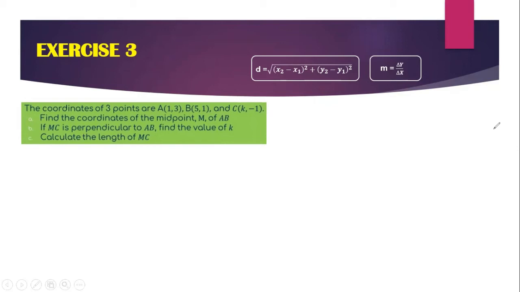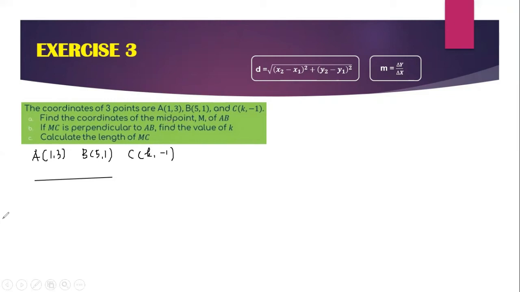Point A is (1, 3), point B is (5, 1), and point C is (K, minus 1), right? The coordinates of the midpoint M of AB. Okay, this is AB.